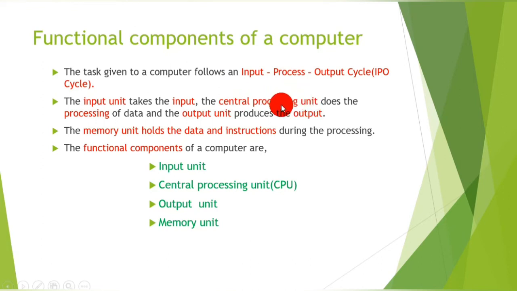All the calculations take place in the CPU and then it produces an output through the output unit. So the input unit takes the input, the central processing unit processes the data and the output unit produces the output. Is it clear? So what is meant by input, why do we need a process, and what is meant by output?